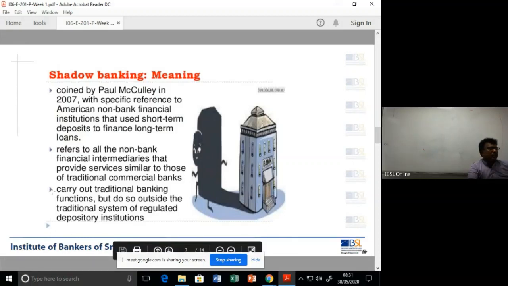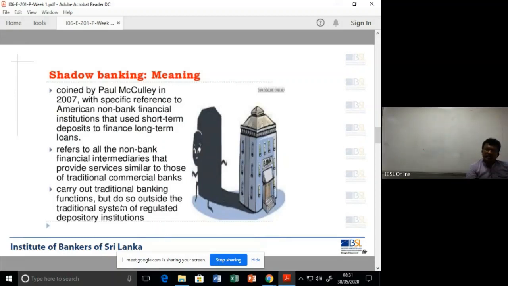Then the third bullet under this slide: carry out traditional banking functions but do so outside the traditional system of regulated depository institutions. Most of these shadow banks are not regulated to the extent commercial banks are regulated. Commercial banks are regulated. Finance companies are regulated, but the level is different. Microfinance companies target a different market, and finance companies target another market.